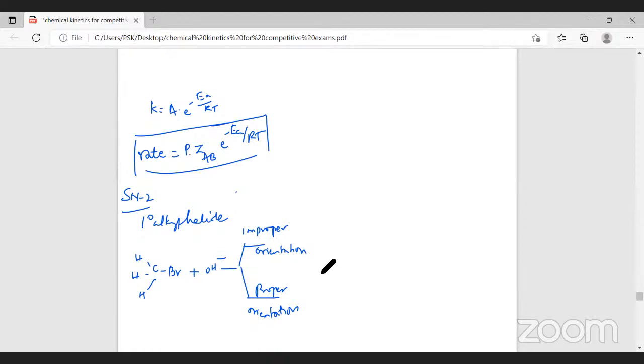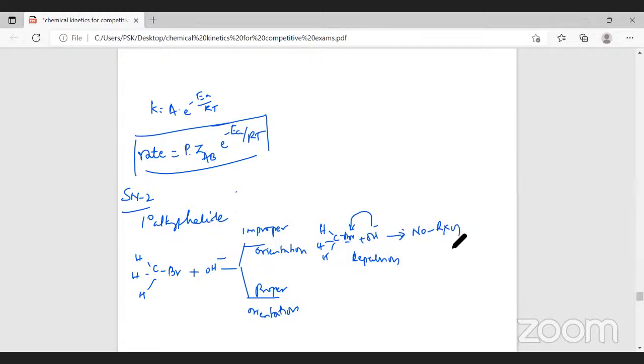Improper orientation will not lead to the formation of the product. Just observe, bromine is negative and the nucleophile also has a negative charge. So when OH minus attacks bromine, repulsion will take place. OH minus will be repelled by bromine, therefore no reaction will take place.